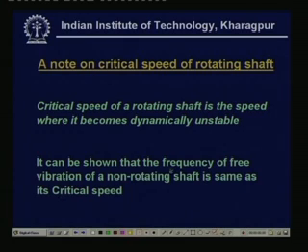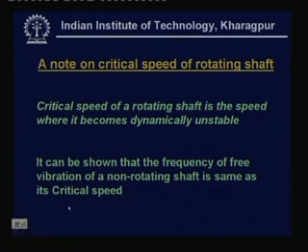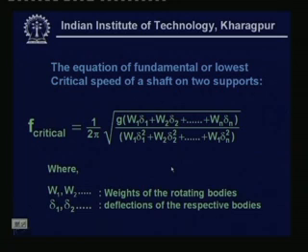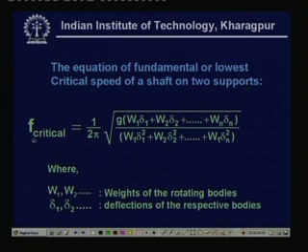So, we find out the frequency of free vibration, and that will be the same as the critical speed. The equation of the fundamental or lowest critical speed of a shaft, in a typical case when it is placed on two supports, is given as f critical.